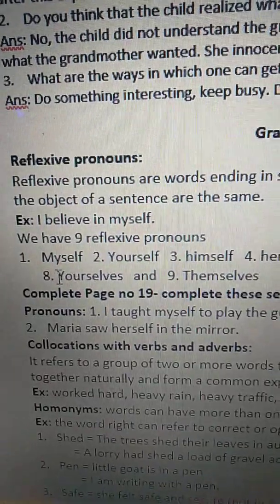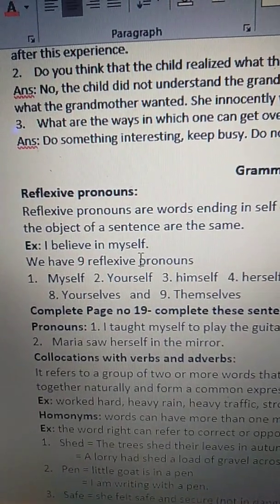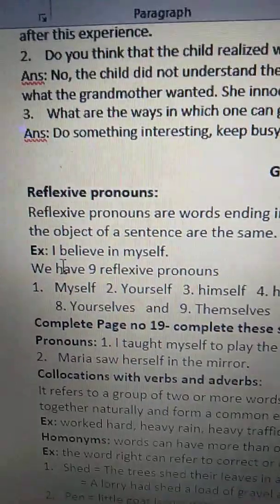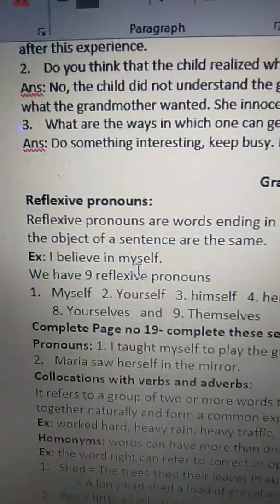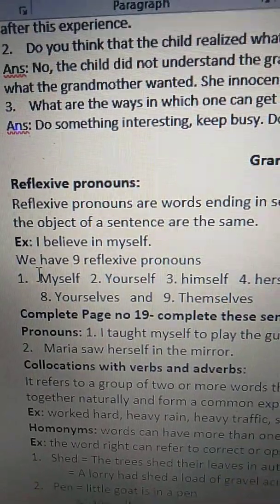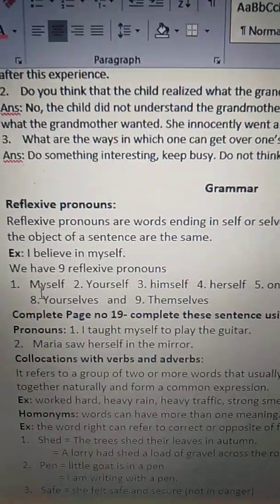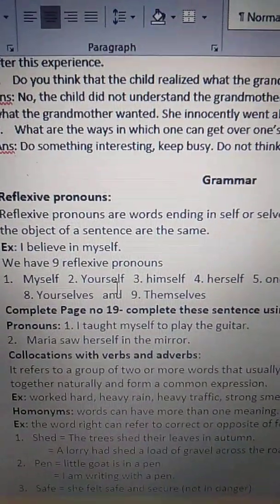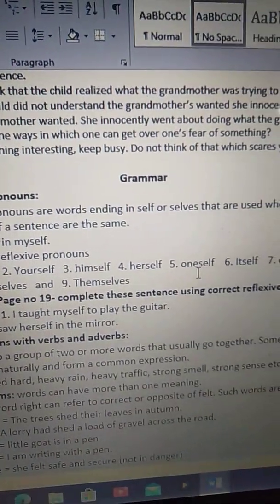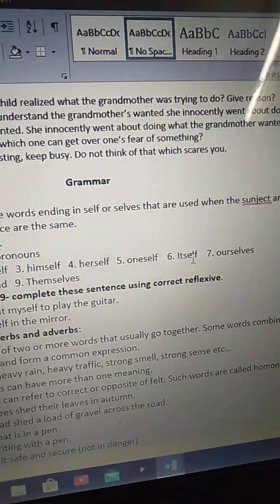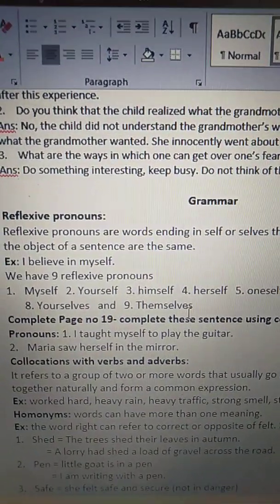Okay. See here. See the example. I believe in myself. Here I is the subject and myself is the object. So here myself is the reflexive pronoun. We have 9 reflexive pronouns. Let us see them: myself, yourself, himself, herself, oneself, itself, ourselves, yourselves and themselves.